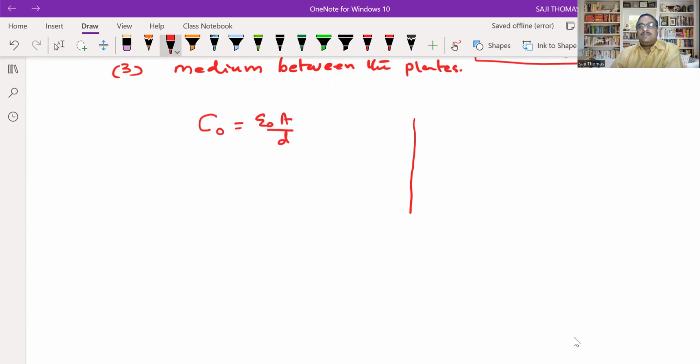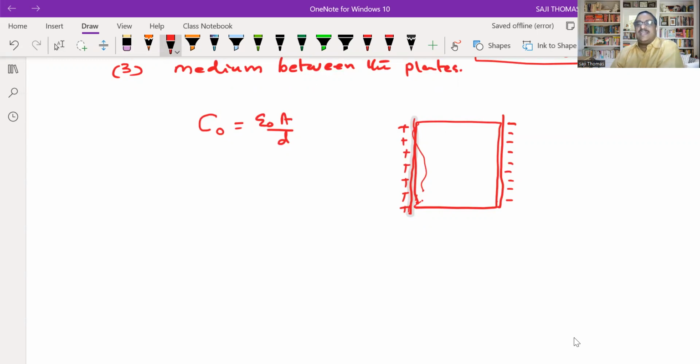Now this is the parallel plate capacitor, and we are keeping a dielectric slab fully between its plates. Say there is positive charge on this plate and negative here. This will induce an electric field in the dielectric.